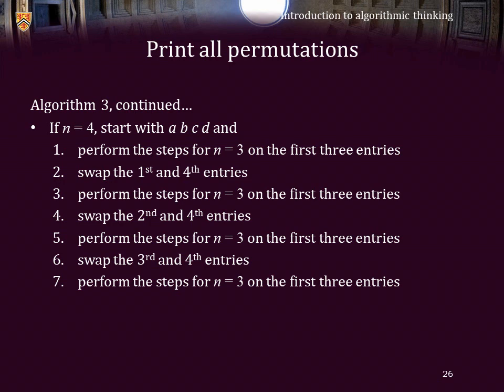We will then swap the first and fourth entries from the last permutation, and we will once again perform the steps for n equals 3 on the first 3 entries. Then we'll swap the second and fourth entries, perform the steps again for n equals 3 on the first 3 entries, producing the next 6 permutations, swap the third and fourth entries, and produce 6 more permutations. This produces a total of 24 permutations.